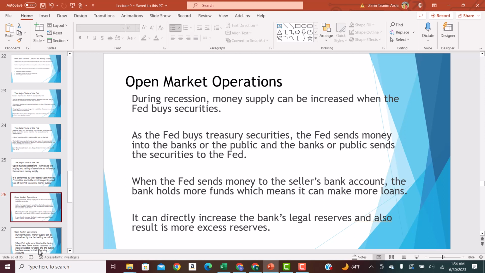So these payments go as income to the people and the banks, and they can use this money to spend or to loan out. And that way the money supply will go up, right? So during recession, they will buy securities from the people, who in turn get payment, and then the money supply will go up.